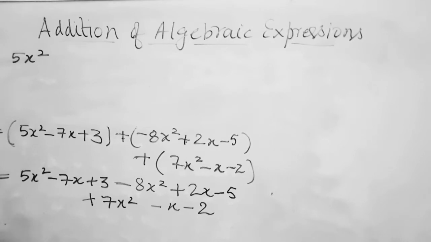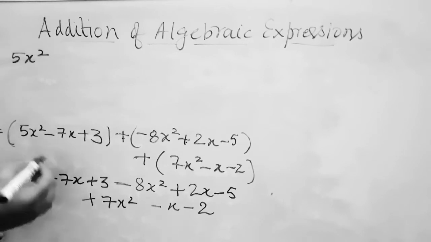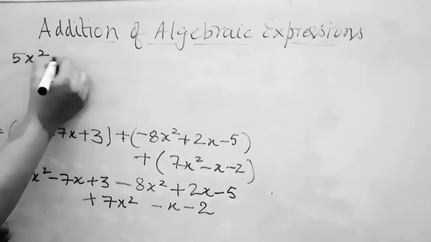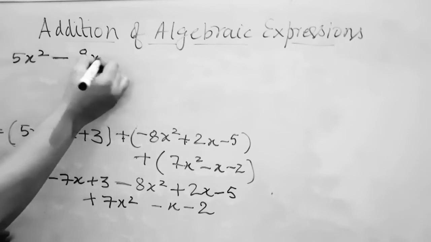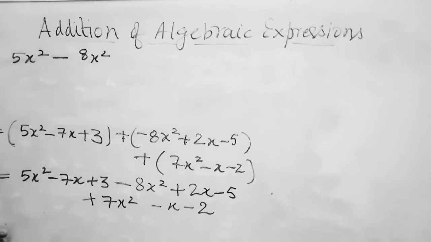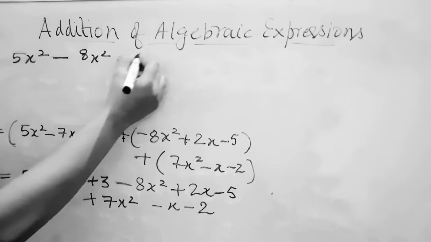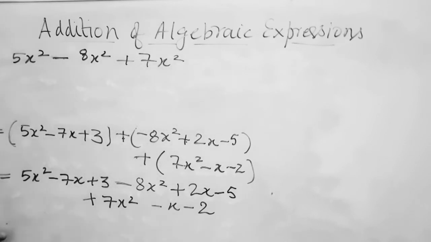Very good students. Like terms are the terms having the same literal factors. Same literal factors means same variable factors. So 5x square has the same literal factor as 8x square. So minus 8x square, one more x square is there, plus 7x square. Kept all the like terms together.